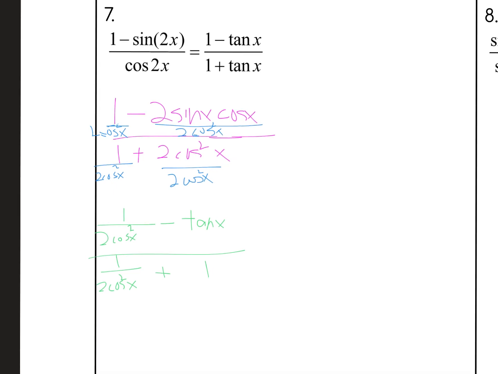And wait, I just realized this has to be a negative because it's not 1 plus 2 cosine squared, it's 2 cosine squared minus 1. Yeah, sorry. So that's a minus, and that's a minus. But I need a tangent.